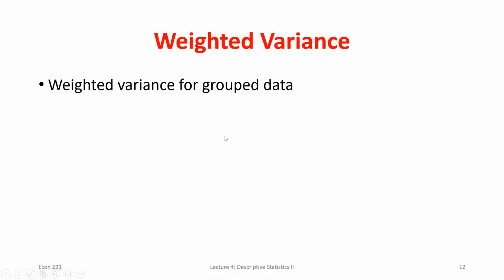Okay, perfect. So if we can calculate weighted means, we can also calculate weighted variances, okay? The weighted variance is going to look identical to what we were doing before with one exception. We still go through every single observation, subtract the mean, and square that deviation from the mean. That hasn't changed at all.